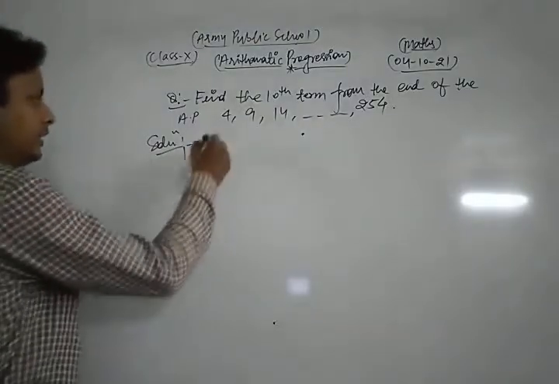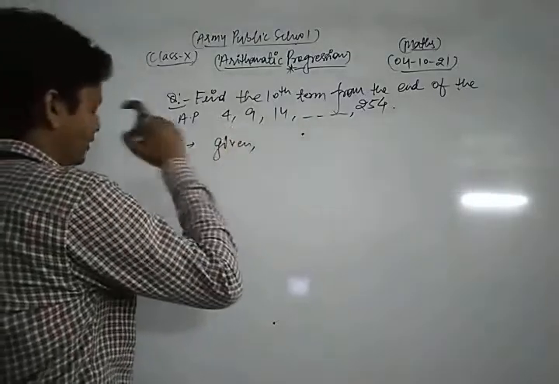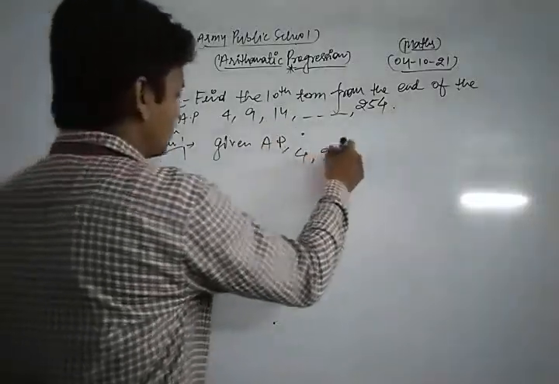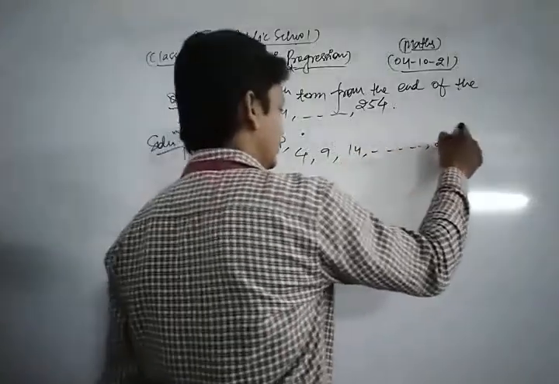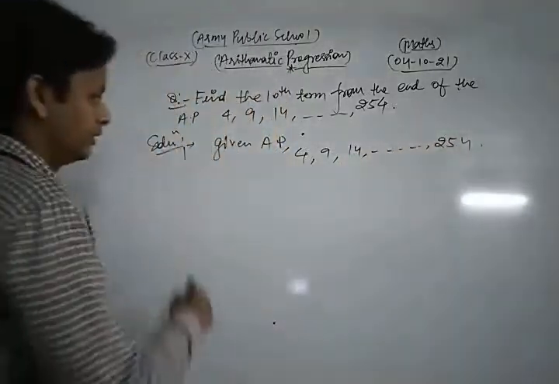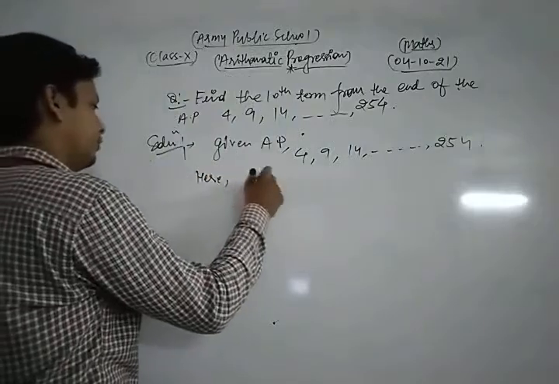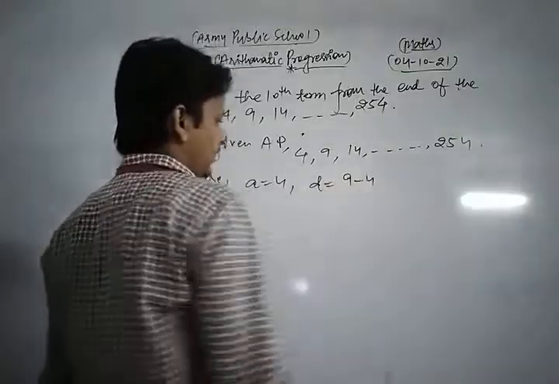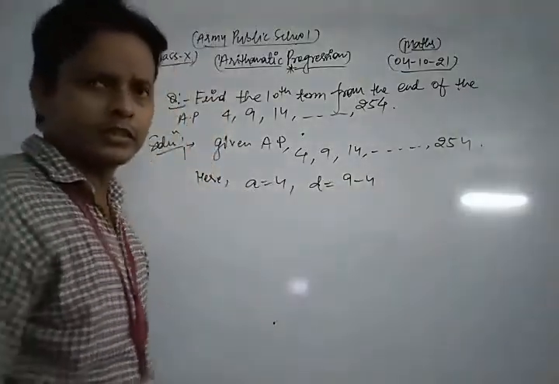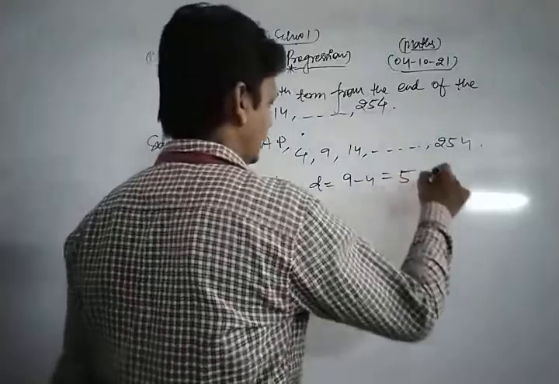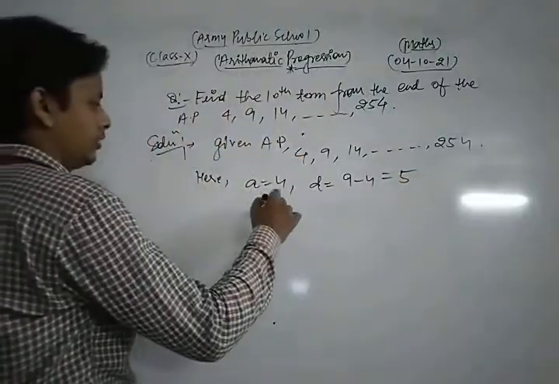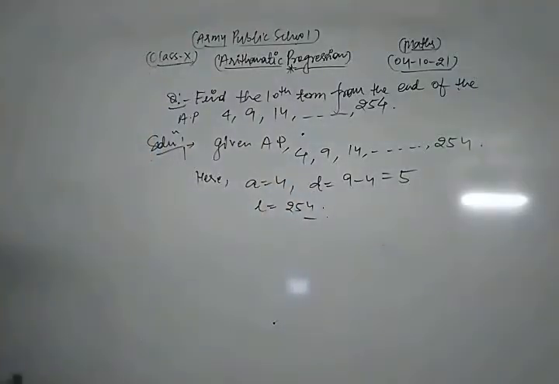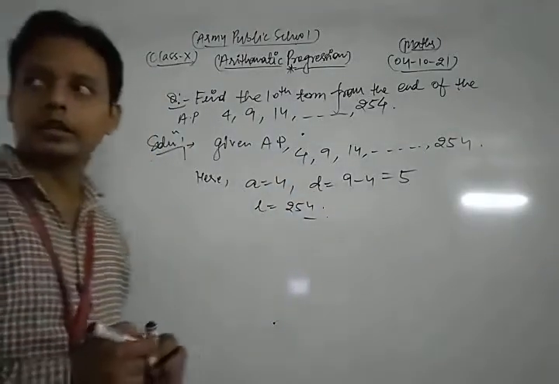First of all, in the given AP, the first term is 4, the common difference is 9 minus 4, that is 5, and the last term of the given AP is 254. We find the 10th term from the end of the AP.